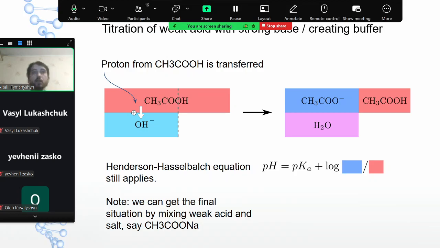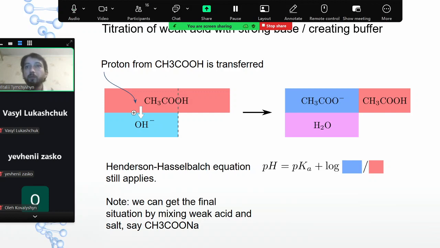The same situation we can get if we mix a weak acid and some salt of this acid, a salt with a strong base. This situation is so common that some books even define buffers as the mixture of a weak acid with its salt, after neutralization with a strong base.